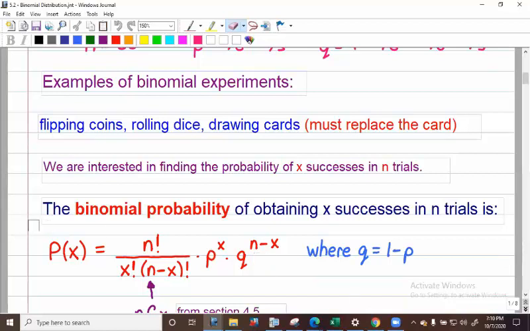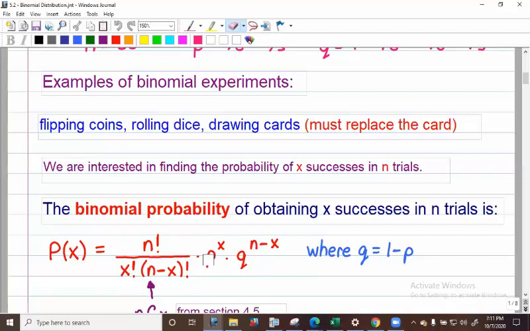This is the capital P, meaning the probability of X number of successes. And then that lower p is the one I was telling you is known as pi. I don't know if that's why they use pi, but I don't like pi because pi is an important number in mathematics. I don't like it being used as a variable. I wouldn't use 2 as a variable either.